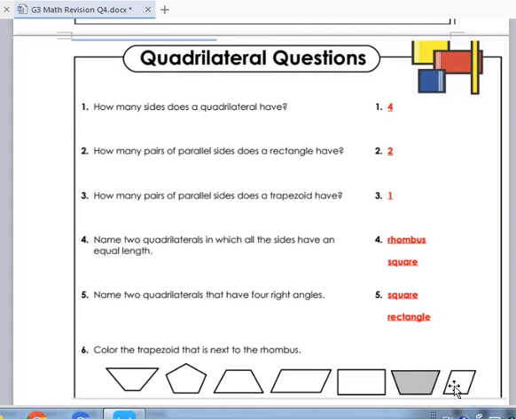This one, because this is a rhombus here. In the rhombus, all sides are equal in length and each two opposite angles are equal. In the square, all sides are equal in length, but it's a must that they have 4 right angles inside.